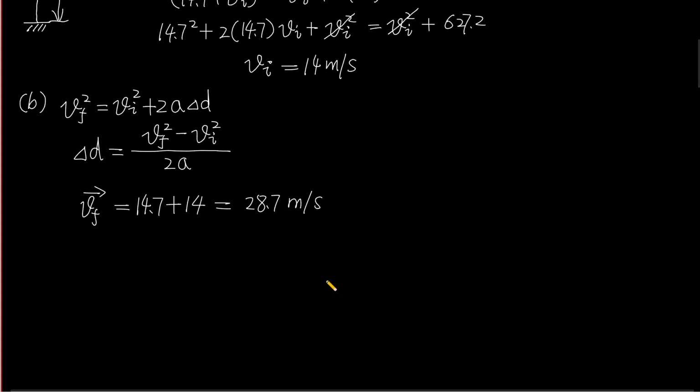Now we can use the formula to find the total displacement: delta D equals the final velocity squared divided by 2 multiplied by the acceleration, and equals 28.7 squared divided by 2 multiplied by 9.8, and this equals 42.